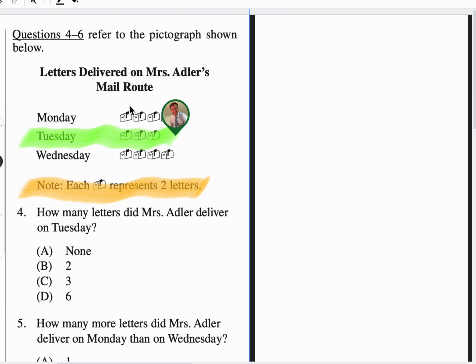Each one of those will represent 2 letters. Therefore, the 3 mailbox symbols will equal 6 letters. Answer choice D is correct.